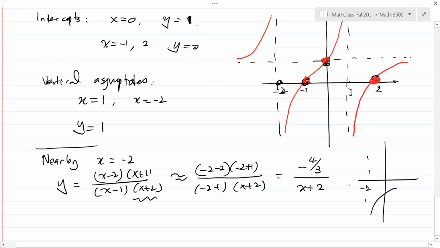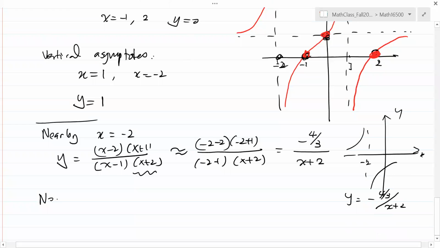When x is less than -2, it's going to be positive. So this is how the graph looks like. So now this is a graph y equals -4 over 3 divided by x plus 2. This is the y-axis, this is the x-axis. So this graph is copied to here, and these 2 parts should be similar.